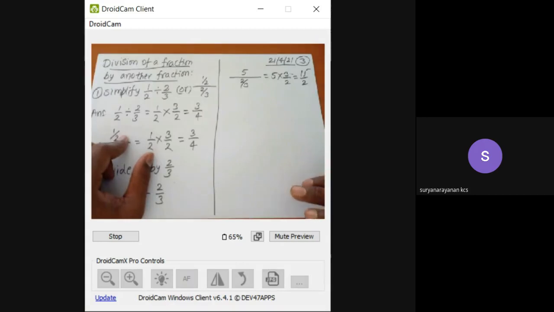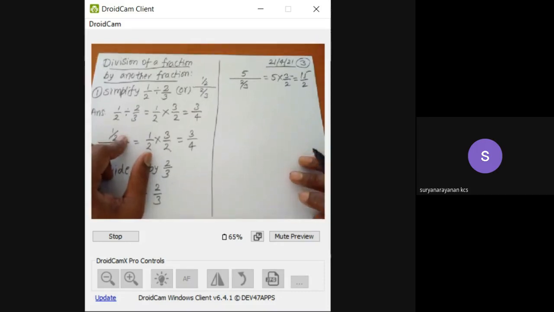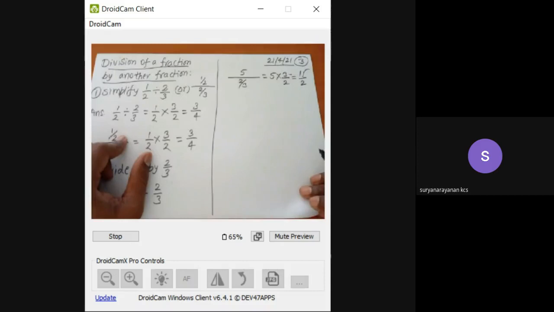In periodic assessment 1, PA1: number system, Indian system of numeration, factors, multiples, LCM, HCF, even numbers, prime numbers, composite numbers, odd numbers, integers, addition, subtraction, multiplication and division of integers, and after that fractions: addition of like fractions, addition of unlike fractions, subtraction of like fractions, subtraction of unlike fractions.